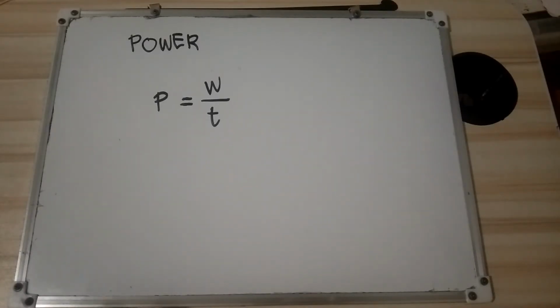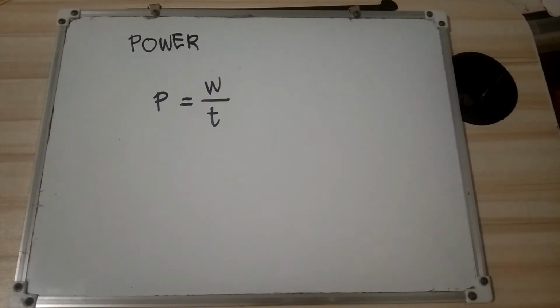Okay, for now, let's talk about power. If two men each carried a 50 kilogram sack of rice to the second floor of the house, then they performed the same amount of work. But if one did it in 2 minutes and the other in 4 minutes, then we say that the first man had more power than the second.